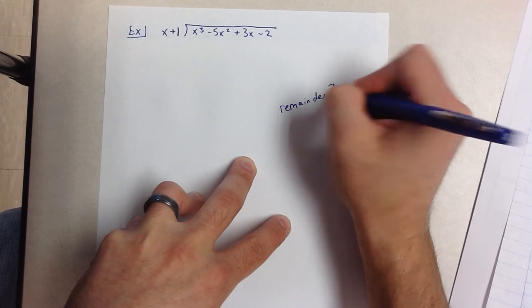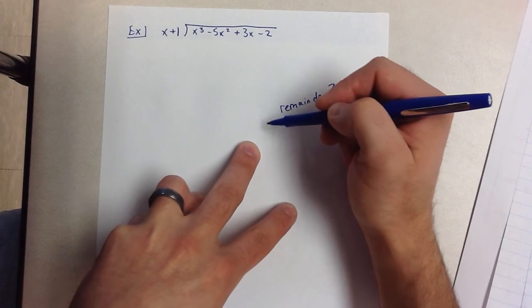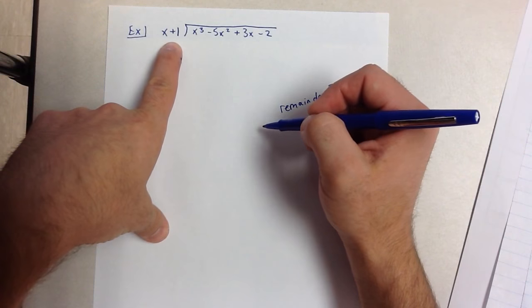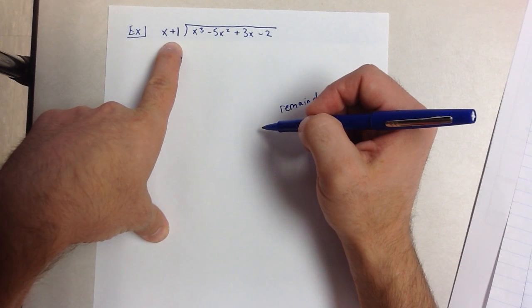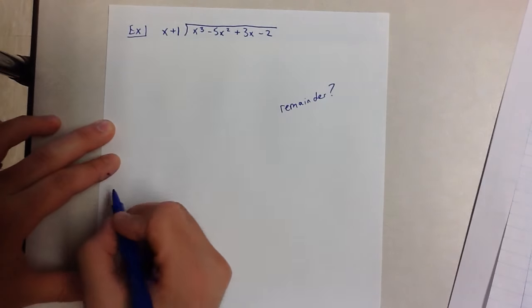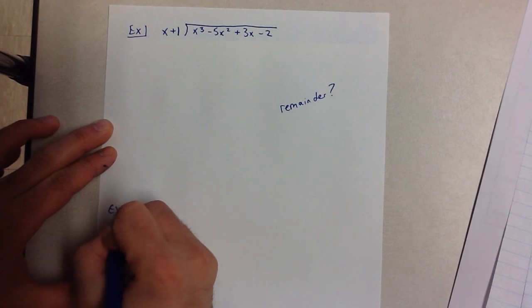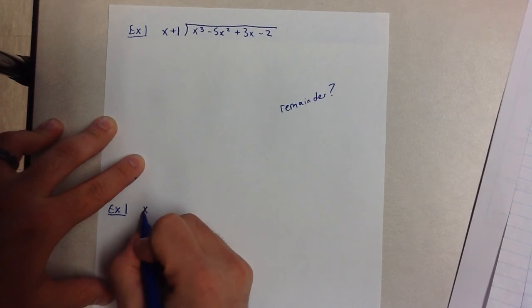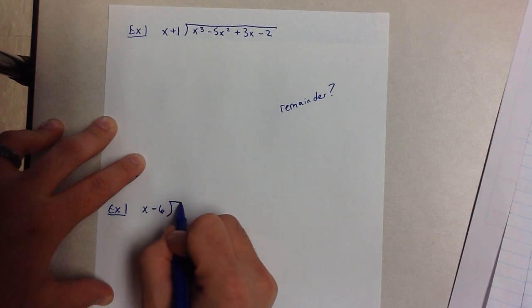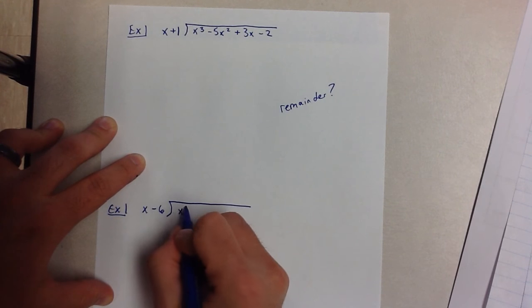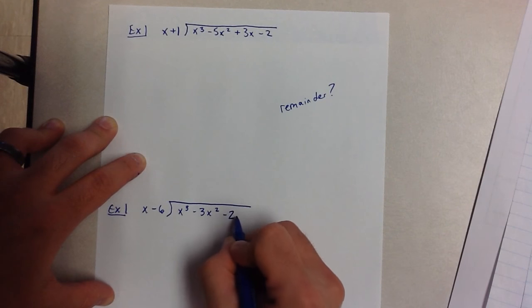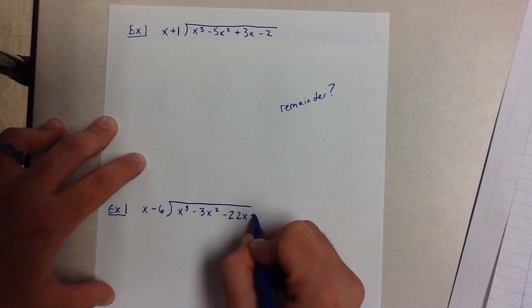And I ask you, when you find the remainder, what will this remainder tell us about x plus 1? Then, after doing that, I challenge you to also divide x cubed minus 3x squared minus 22x plus 24 by x minus 6.